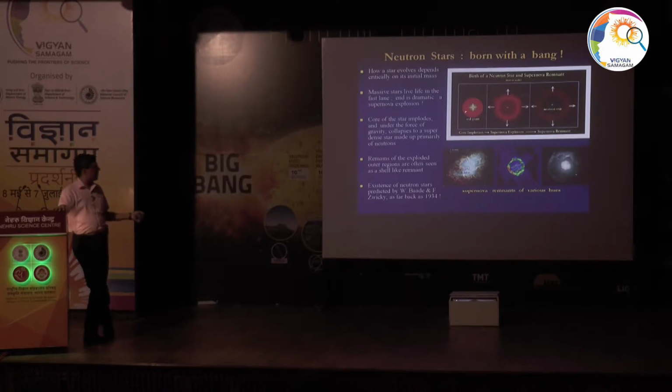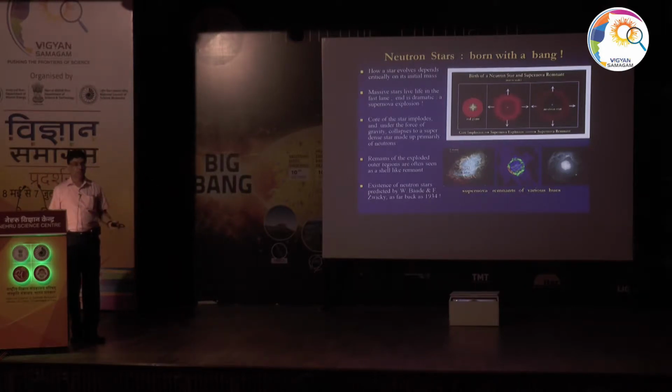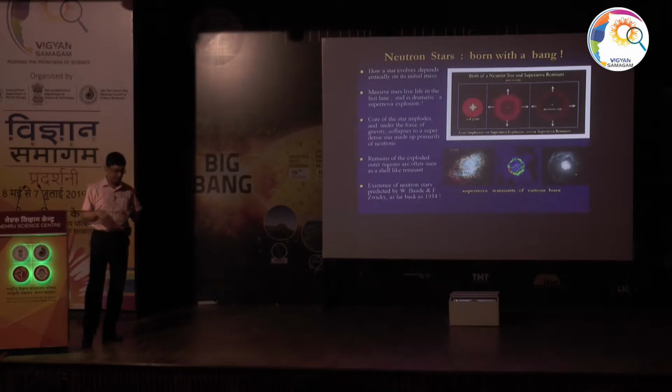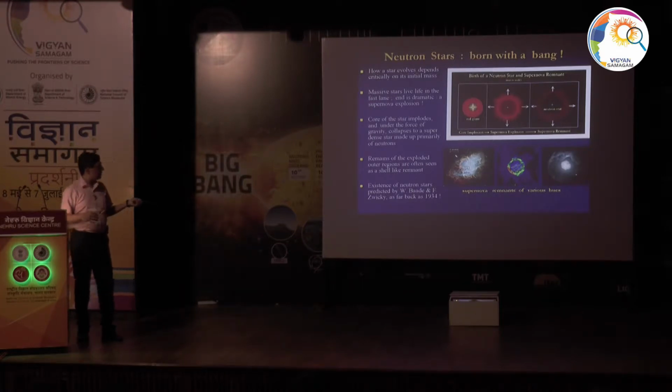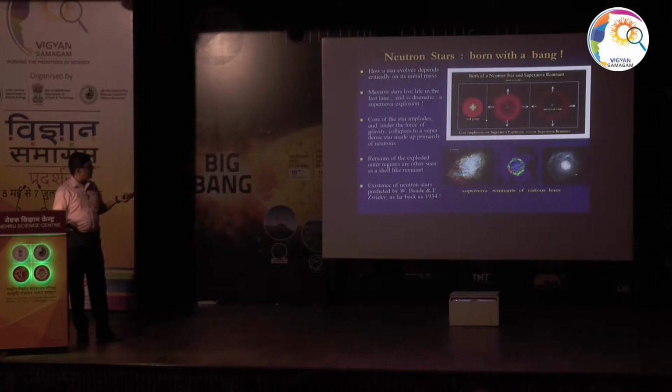So at that point, there is so much material still around in this huge star that was the original parent object that there is a sudden collapse because of the force of gravity. Okay, and there is an implosion of the core.